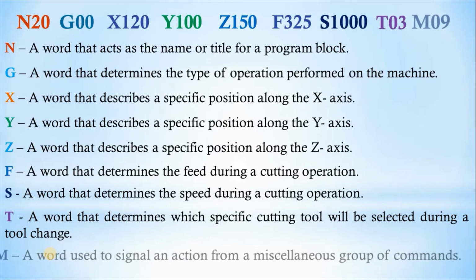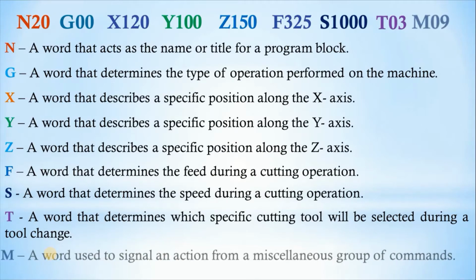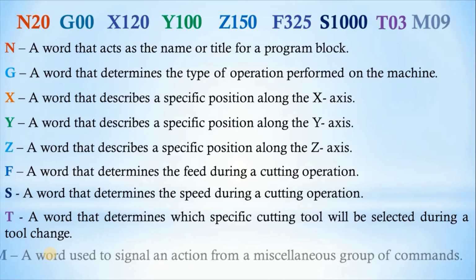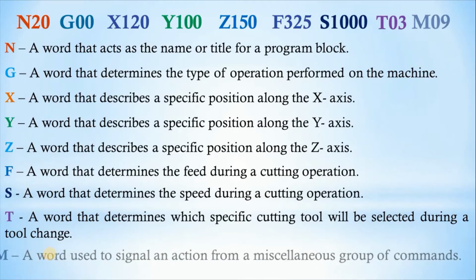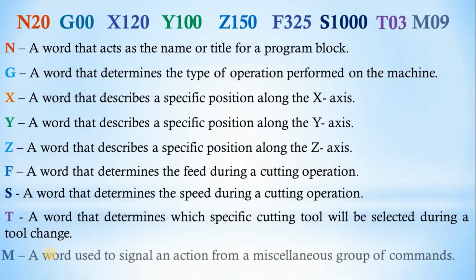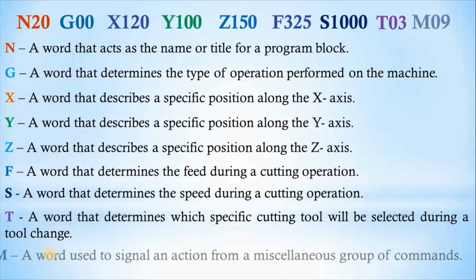So this is a line which is written based on the block number, then G, X, Y, Z axis, feed, spindle speed, tool number and M code. The M code is a signal or an action from a miscellaneous group of commands.